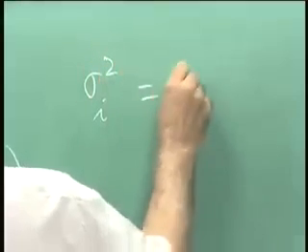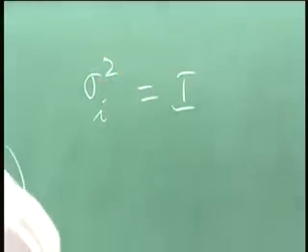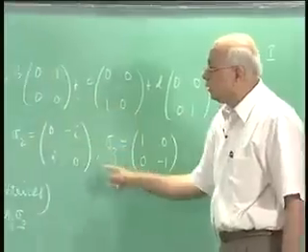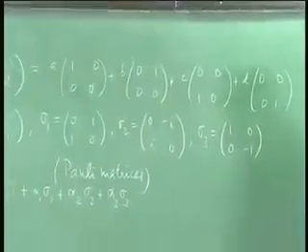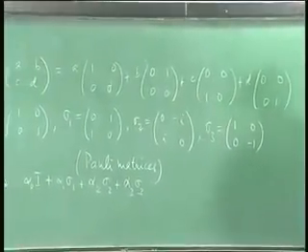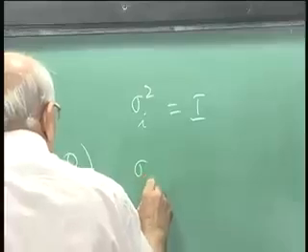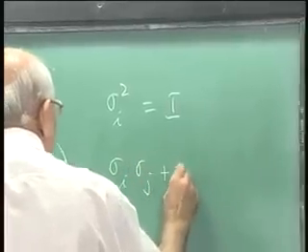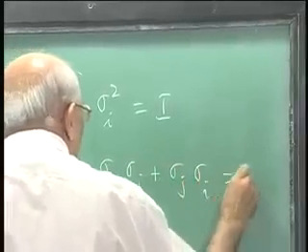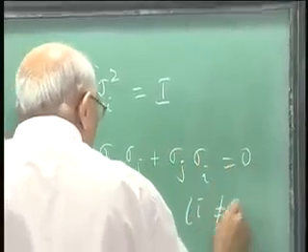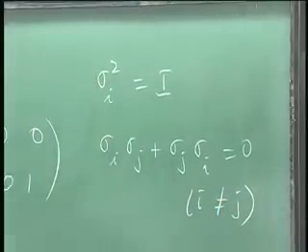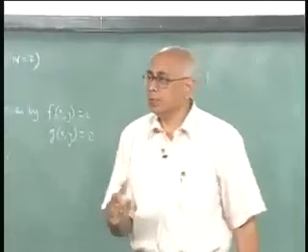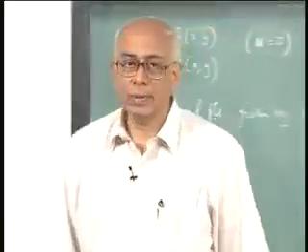Sigma i squared equal to the unit matrix. The square of every one of these matrices is equal to the identity matrix. Moreover, sigma i sigma j plus sigma j sigma i equal to 0 if i not equal to j. They anti-commute with each other.